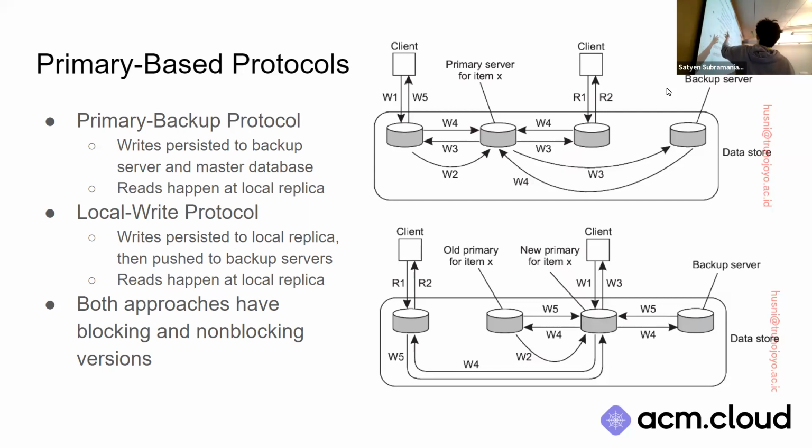Now, for a local write protocol, what happens is that you can write to your local database. However, there's also a propagation step where you have to explicitly propagate all the changes you made locally across the entire replication. I'm not going to go over this too much in detail, but it's very similar to this one.